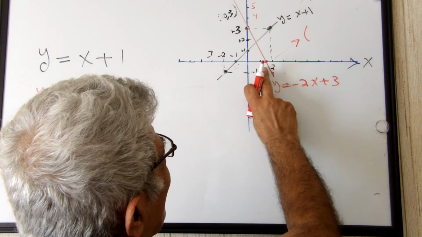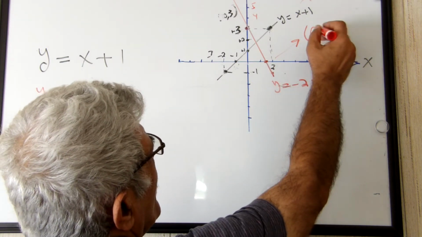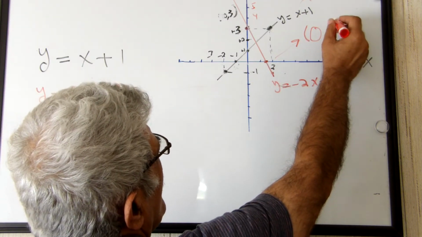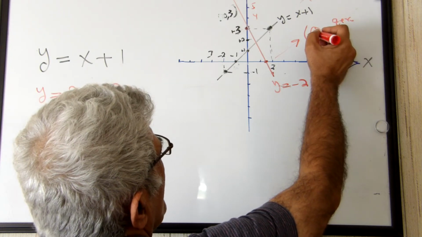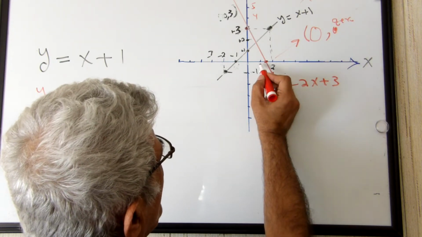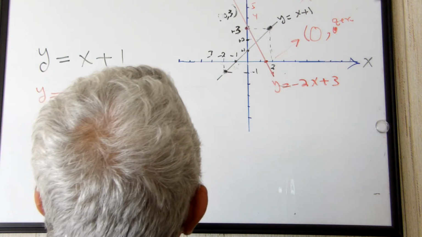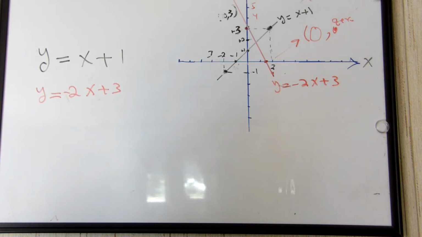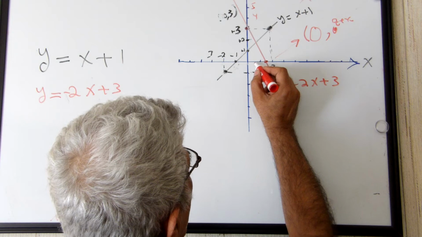X is going to be some number here, but y is going to be 0. This number will be here. We are going to find that it's something between 1 and 2. Now we are going to find out what it is, because we wrote it by the scale.